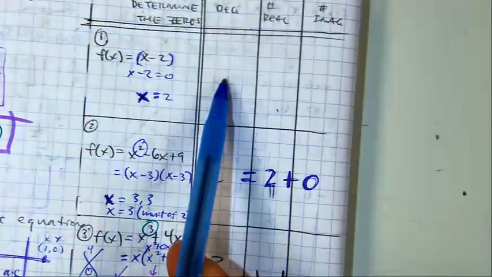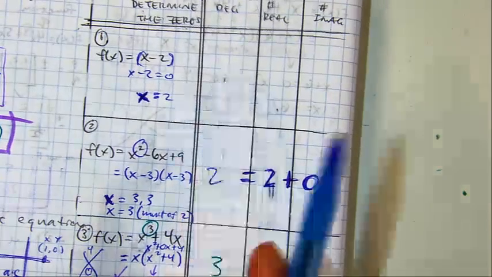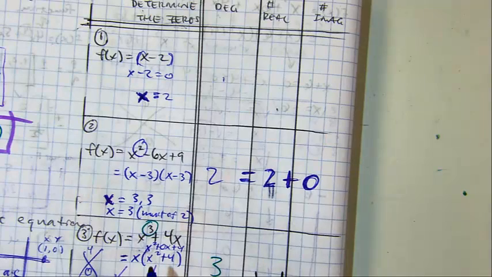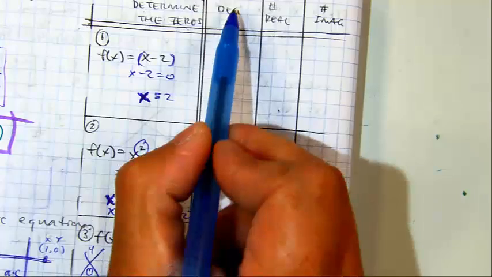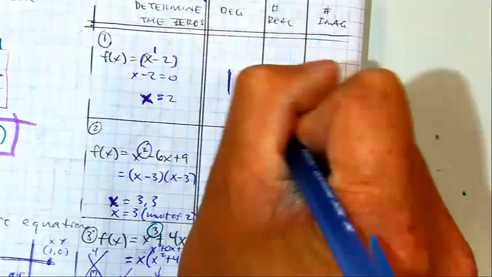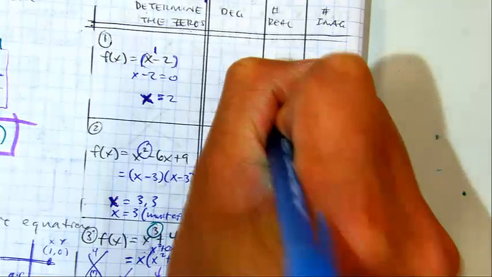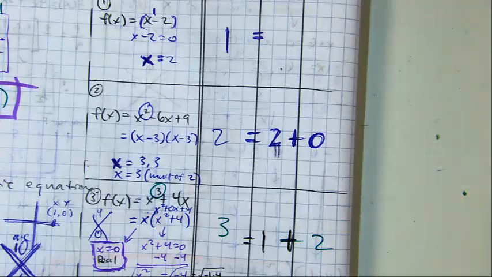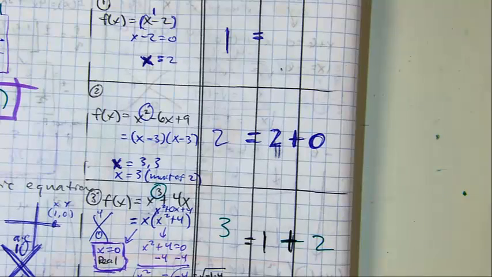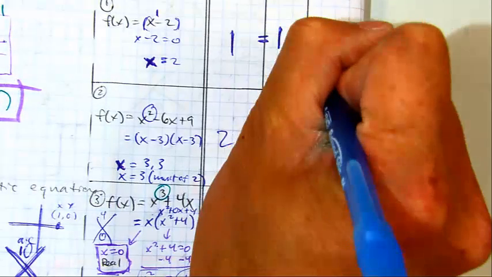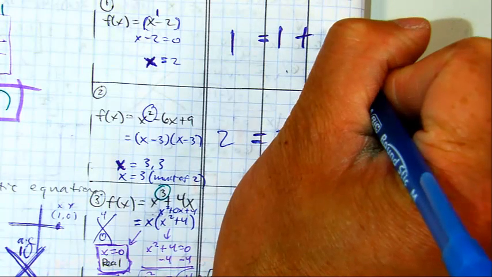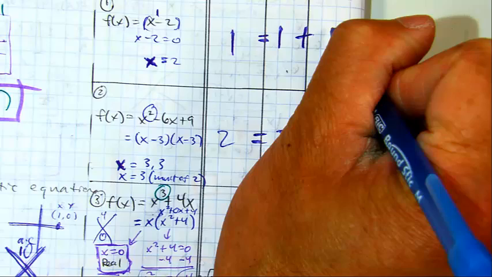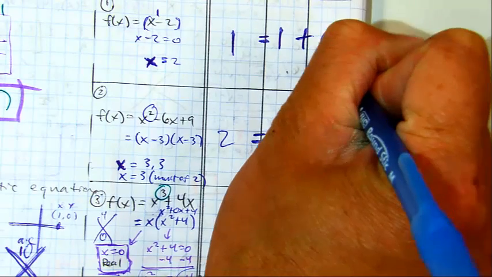What's the degree of the polynomial? Degree's like exponent. What's the highest exponent? 1. How many reals do you have? And how many imaginaries? 0. Raise your hand if you got that so far.